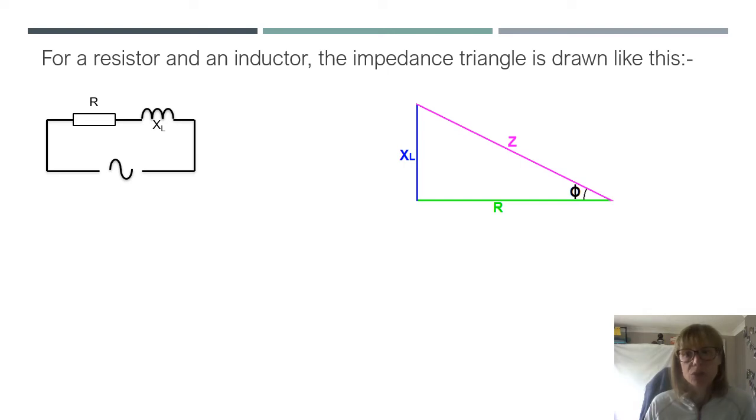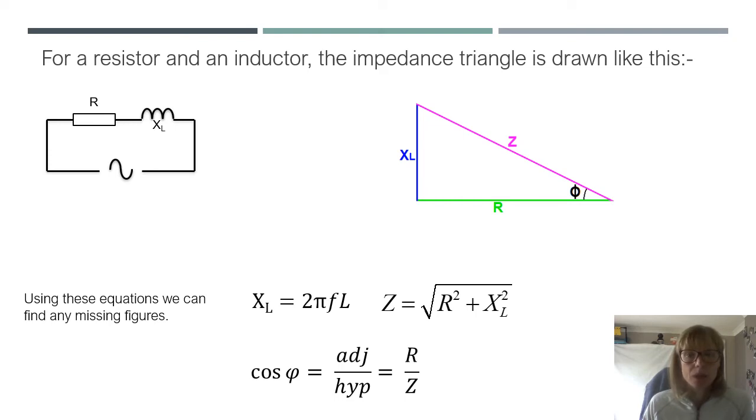You could put a value here for the letter R, and you would put the value of the inductive reactance up here on this length, and then you can calculate or even measure the value of Z. If you've drawn this to scale, you could actually measure this length and you would have the value of the impedance. So that's an alternative way of finding the impedance if you don't want to do the Pythagoras theorem equation. You can draw it to scale if you're given the values, and then you can measure it.